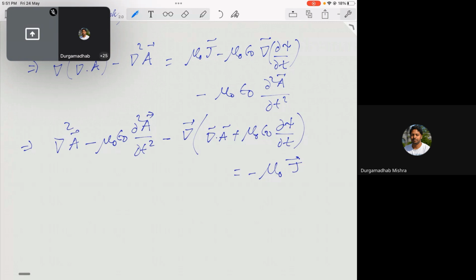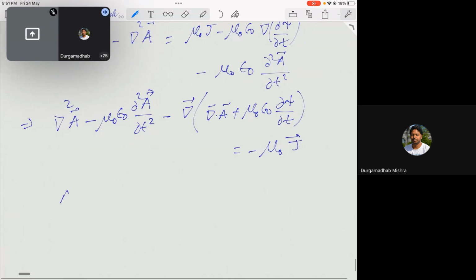Okay, so for example, if you write a vector potential as A plus gradient of another scalar chi, you will get the same B field. So this is a gauge invariance of the magnetic field.